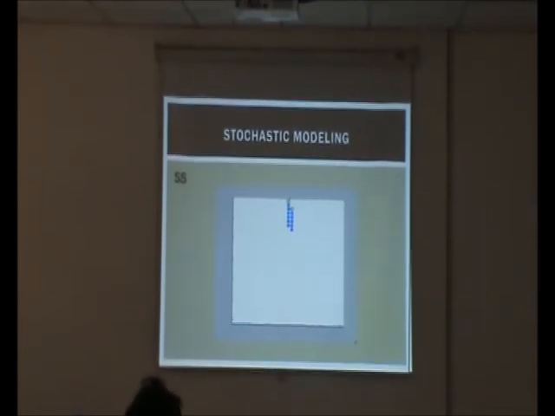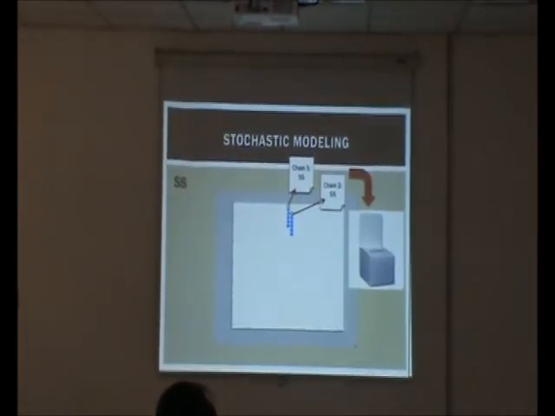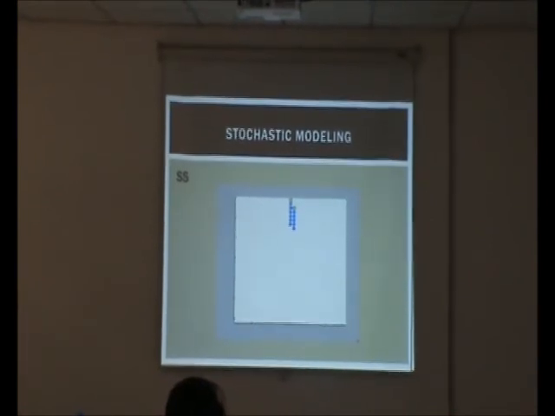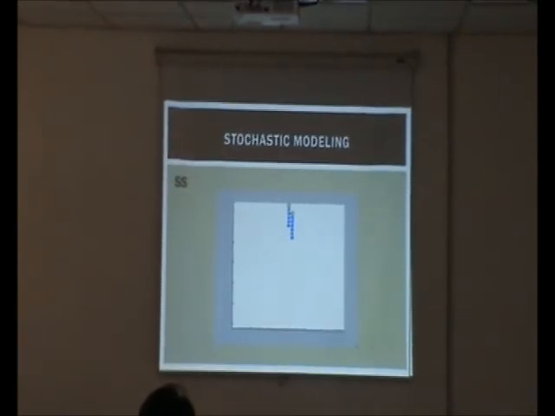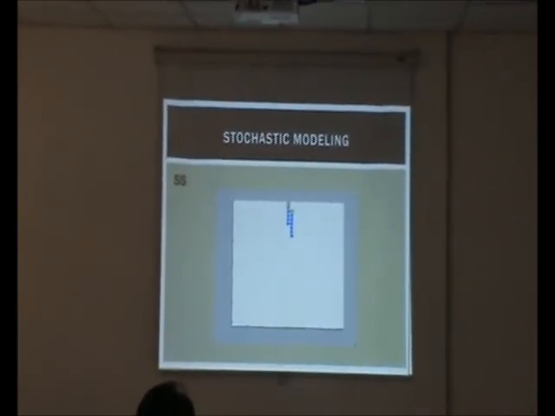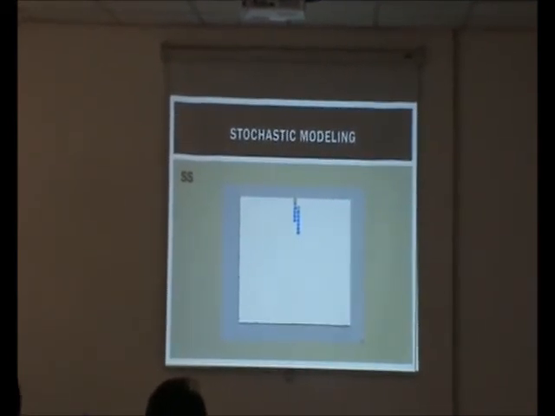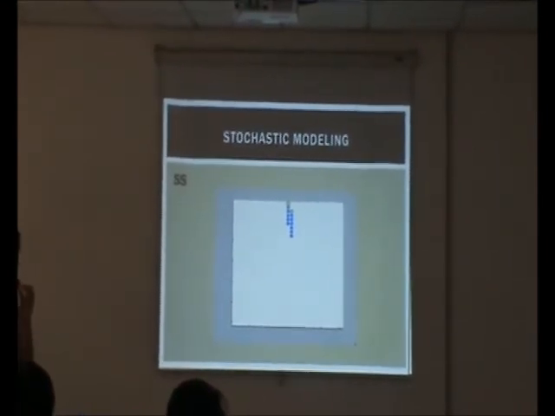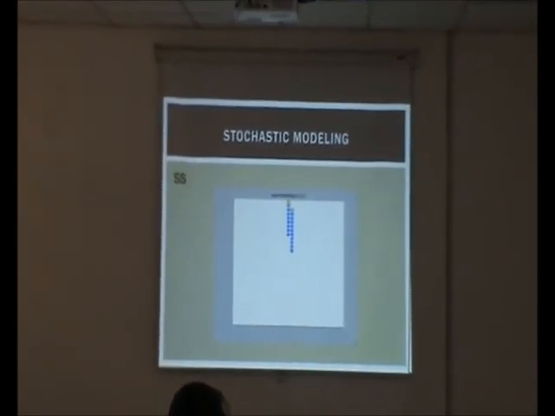So if I randomly pick this piece of paper, I just add one glucose unit to chain 1. Or if I pick another piece of paper, I will add the glucose unit to chain 2. Okay? And by repeating this process, you can do the stochastic simulation, something like this.